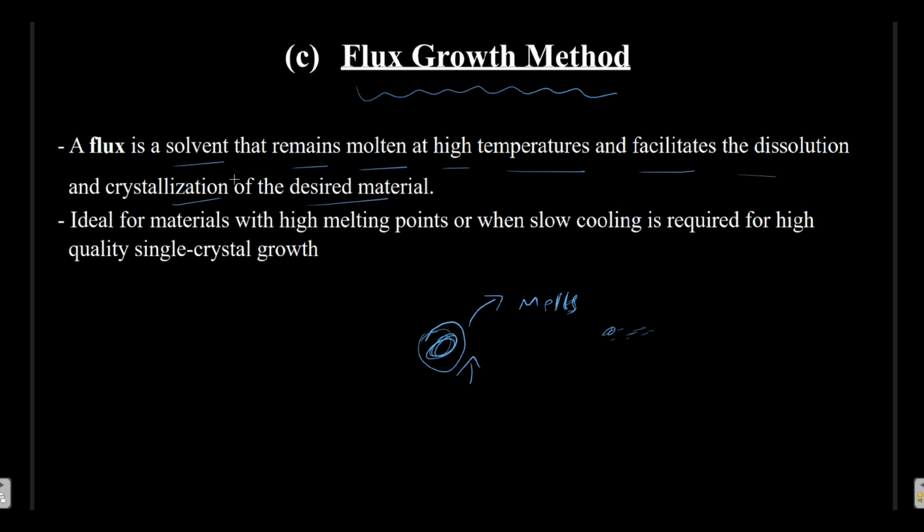This can help in the dissolution and crystallization of the desired material. This method is ideal for materials with high melting points or when slow cooling is required for high quality single crystal growth.